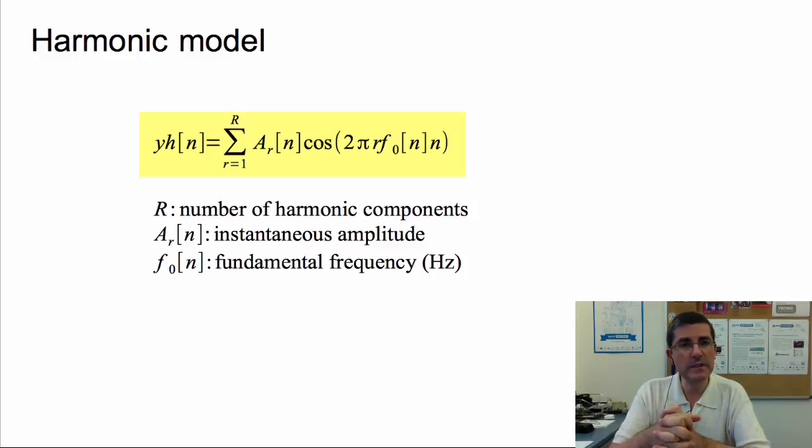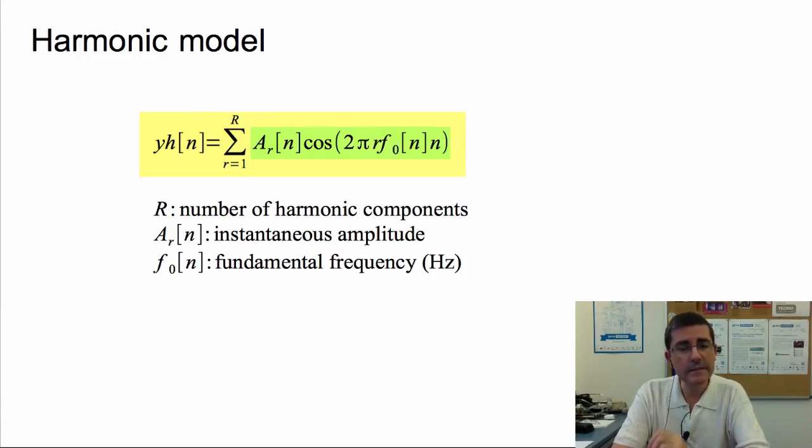So if we look at the equation, the output signal, y sub H, where we emphasize the idea that it's a harmonic signal with the H, of course with the index n, is a sum of cosine functions, with a time-varying amplitude and time-varying frequency.